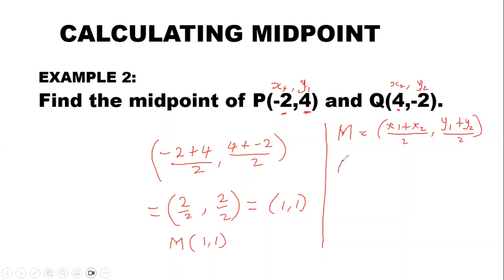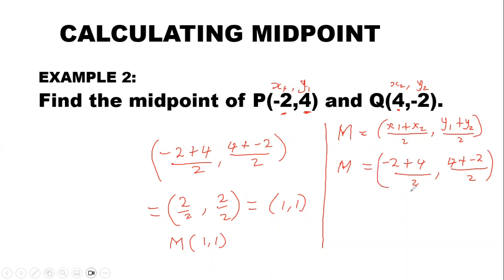Then you substitute them into the formula. Then you know your x1 is -2, so -2 plus your x2 is 4 all over 2, comma, y1 is 4, so 4 plus your y2 is -2, so -2 all over 2. Then you close your bracket.